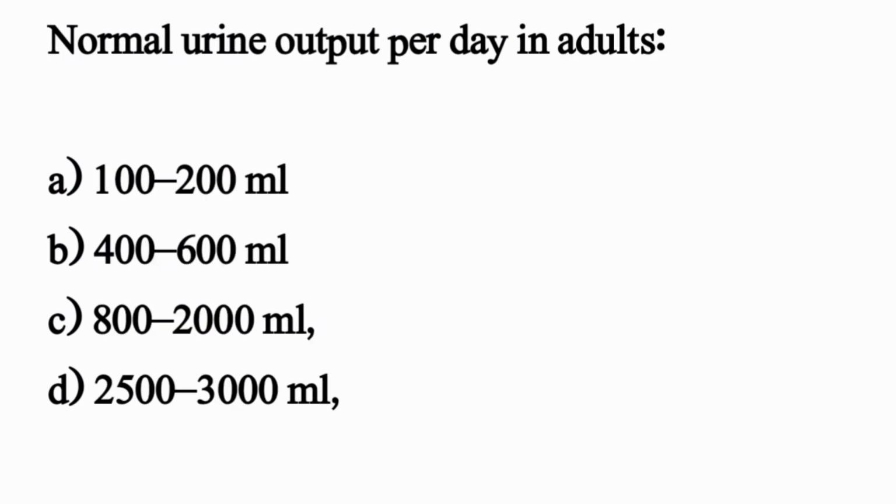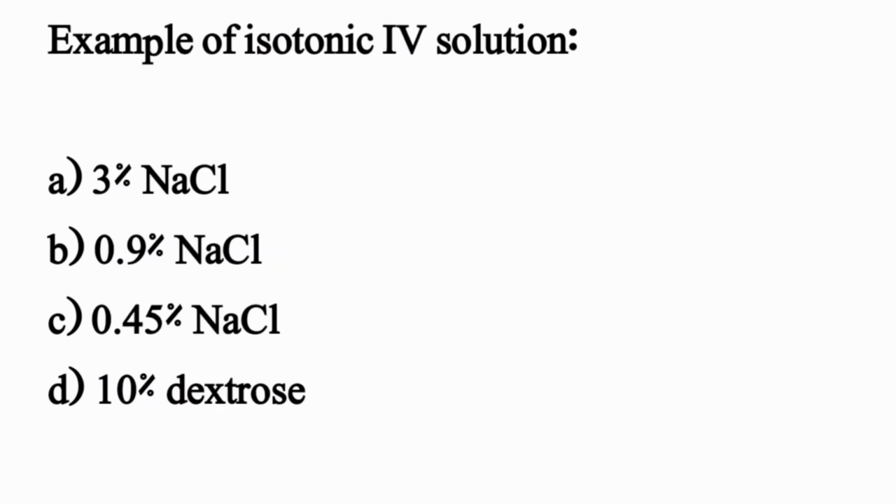Normal urine output per day in adults. The right option is option C, 800 to 2000 ml. Example of isotonic IV solution.